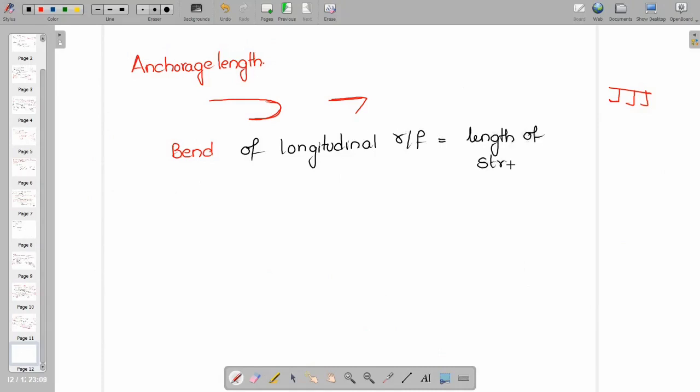Suppose, students, the bend of longitudinal reinforcement is equivalent to the length of a straight bar. So see here, suppose the angle of bending is 45 degree, 90 degree, 135 degree. This is what is used.